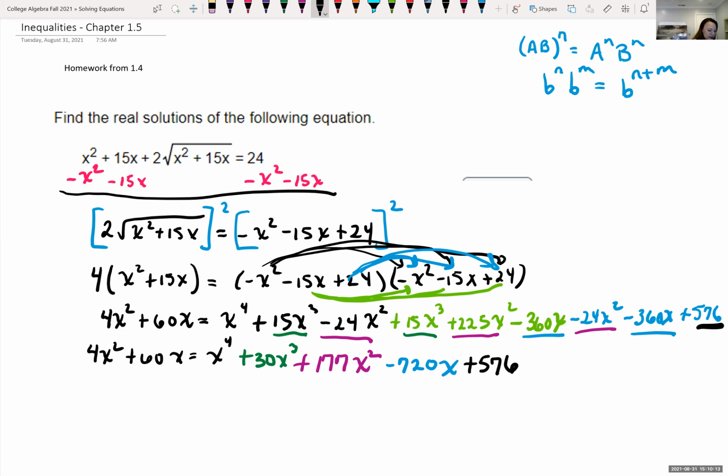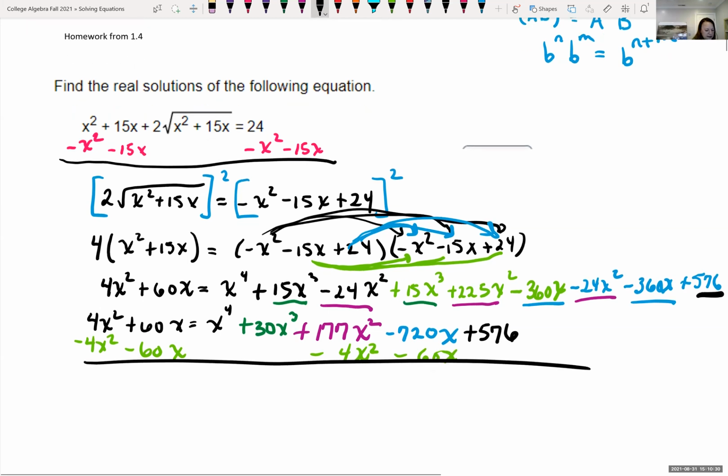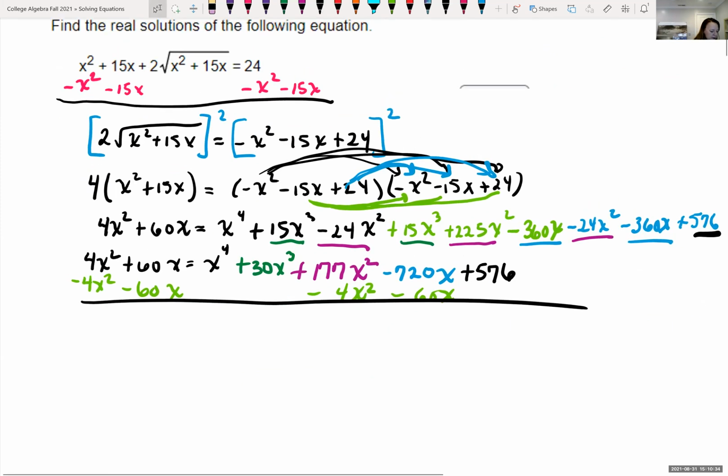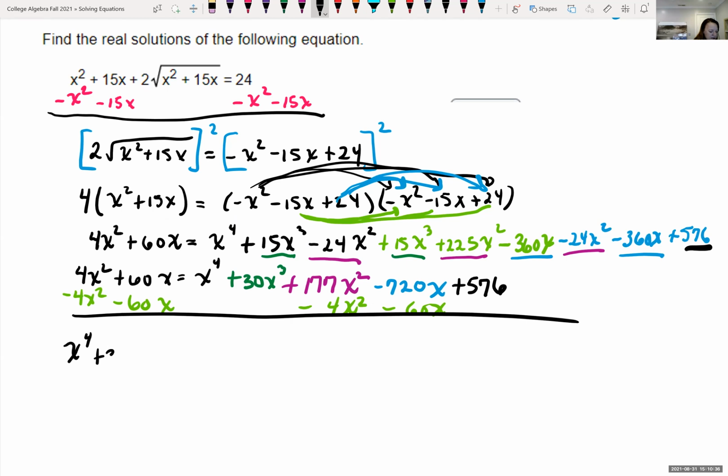Let's subtract 4x squared on both sides. And let's subtract 60x on both sides. And so doing that, I'm just going to write all the terms on the left-hand side now. I have x to the fourth plus 30x cubed.